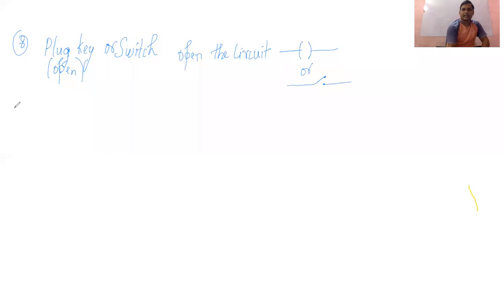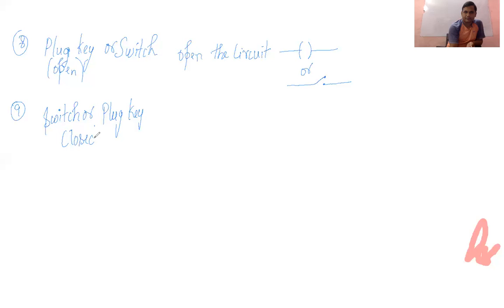Okay, and the next, ninth, will be your plug key or switch key that is closed. Switch or plug key, and this is in the closed state. Closed means it connects the circuit.